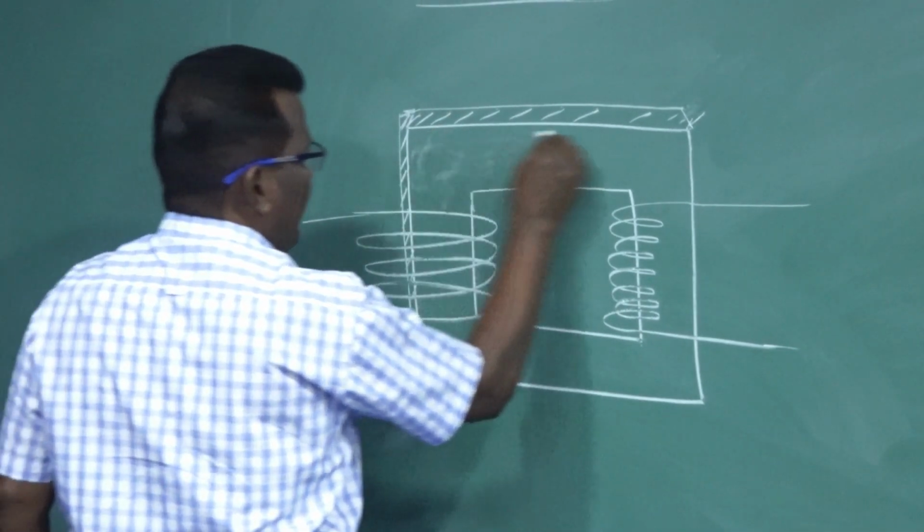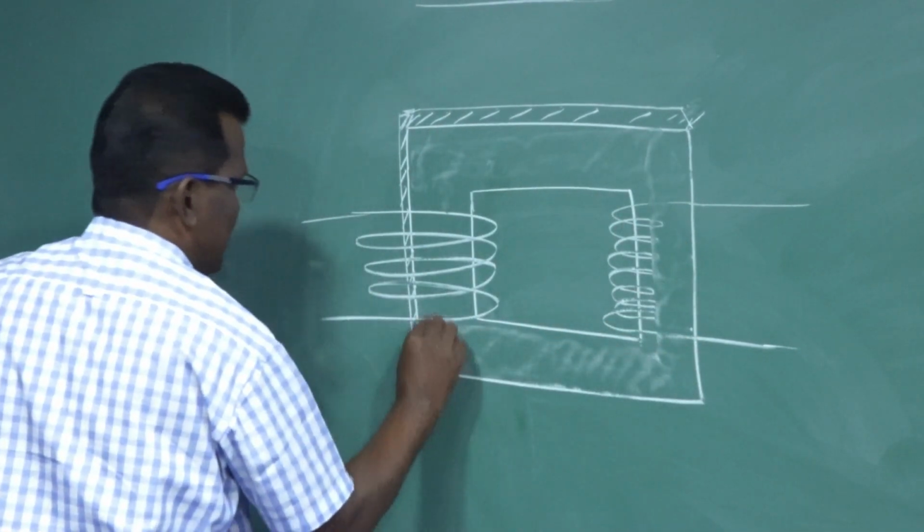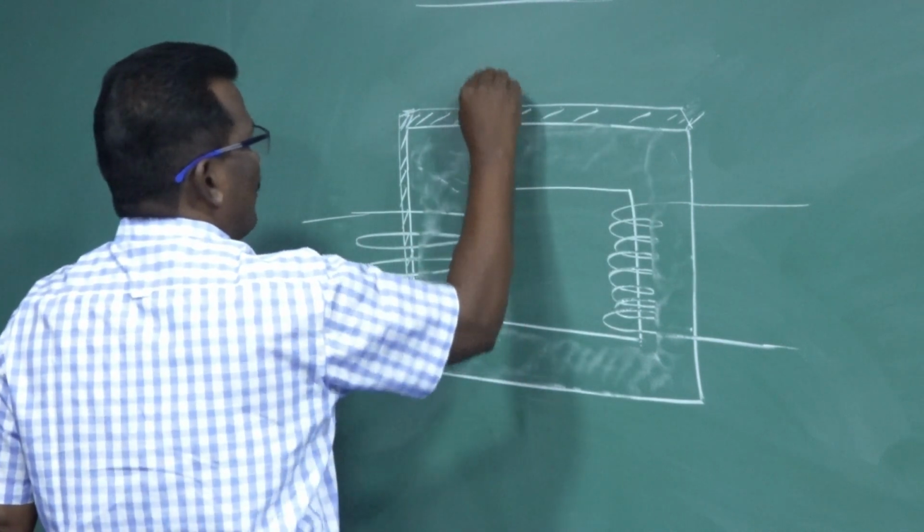Schematic diagram of the transformer. A transformer consists of a laminated core.